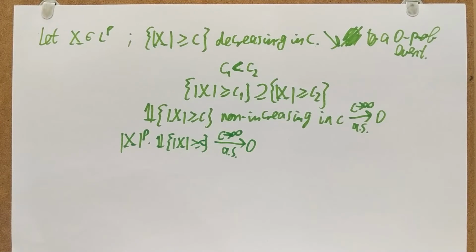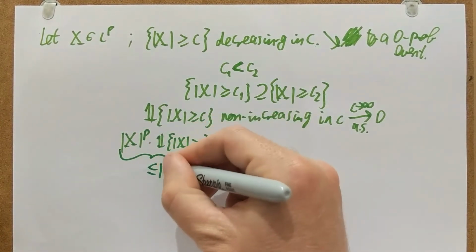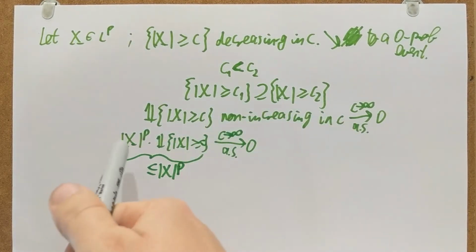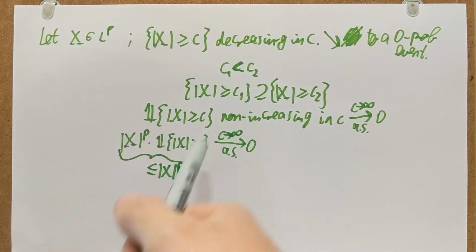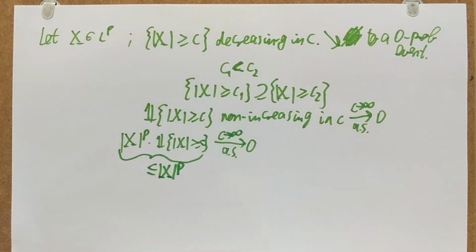And this whole business is bounded from above by |X|^p without the indicator, because the indicator is 0 or 1, and the p-th power of the absolute value is non-negative. Sorry, I said p norm, that's not right. There are no expectations yet. So it's bounded by the absolute value to the p-th power.